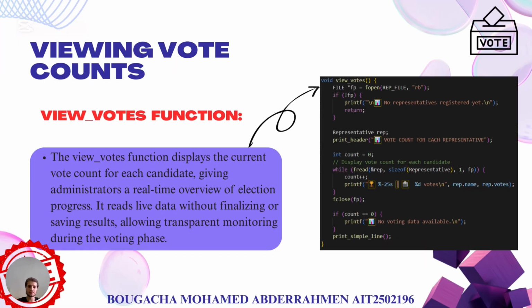instead of crashing. And next is the view votes function, which gives the admin a real-time look at the current vote distribution. It reads from the same representatives dot dat file, but instead of showing full profiles, it only prints the candidate names along with their vote counts in a clean table.